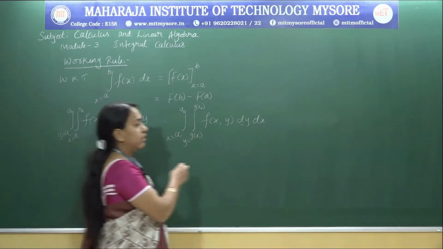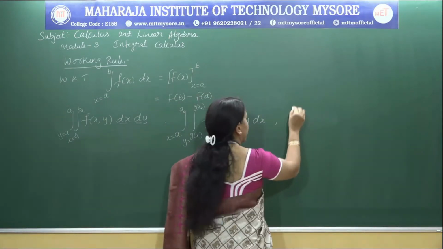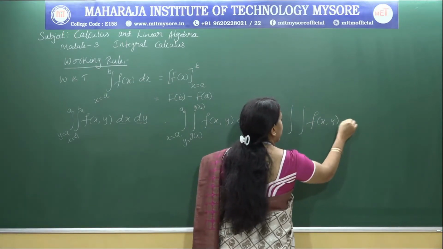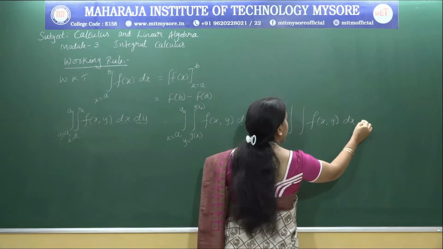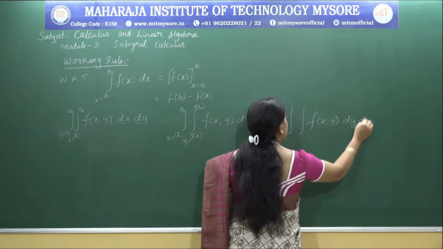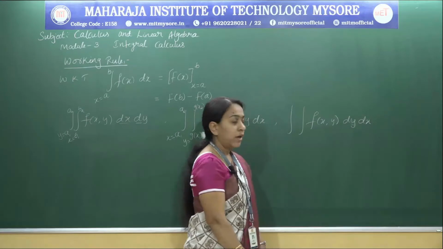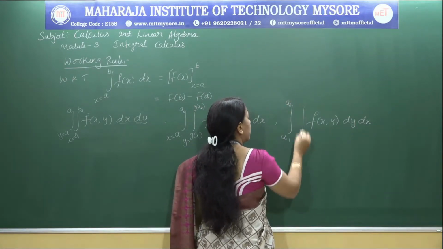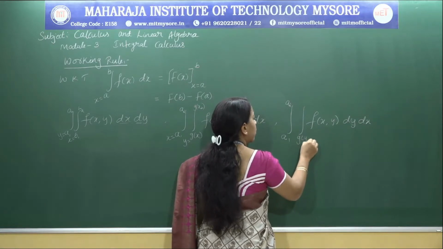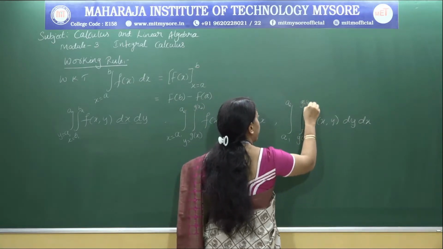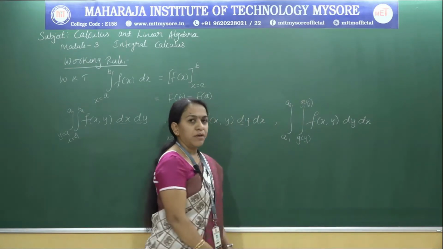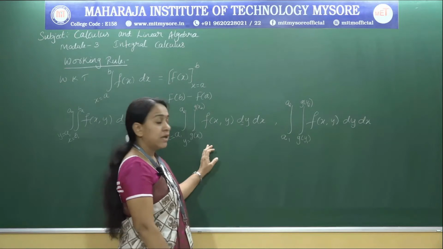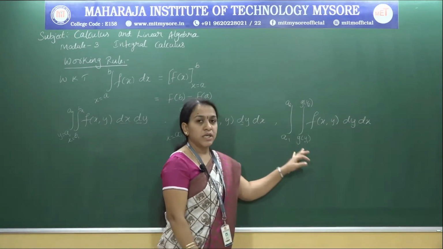Another option, one more case, is that instead of x I can have a y, that means f of xy dx and dy, or I will consider dy dx, then we can rewrite that. So, this may be a limit a1 to a2 and this will be a function of y1 to y2. So, the maximum option will be this: I can have one constant and another variable.